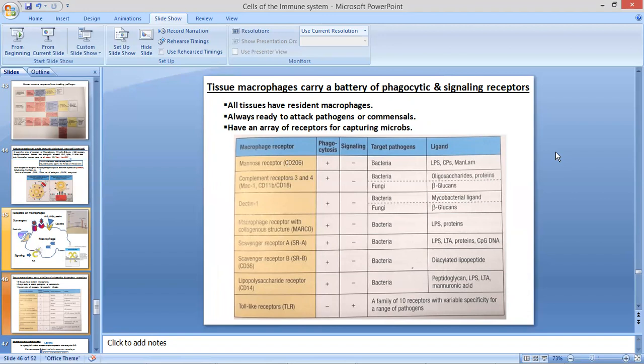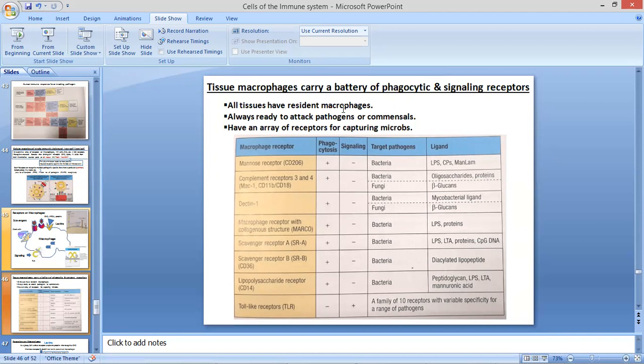Macrophages are made in our bodies in the bone marrow, and then they are present in the blood as monocytes. We call them monocytes, and when the monocytes travel to different tissues, they undergo many changes and are turned into tissue macrophages.